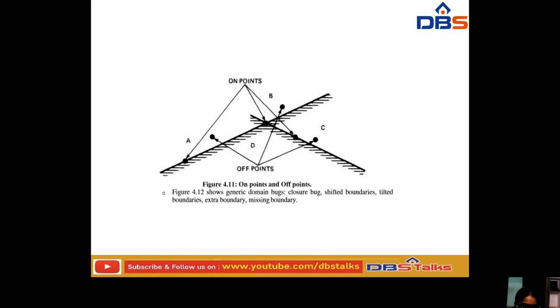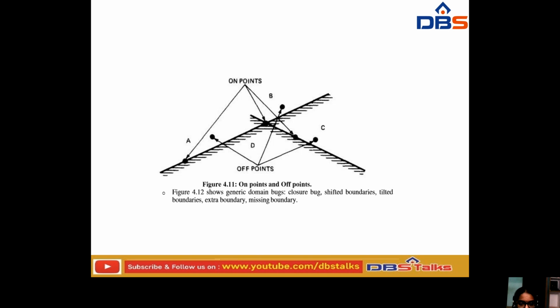Again I am saying, the points which are lying on the boundary, we can say it as on points. Which are not lying on the boundary, we can say it as off points.